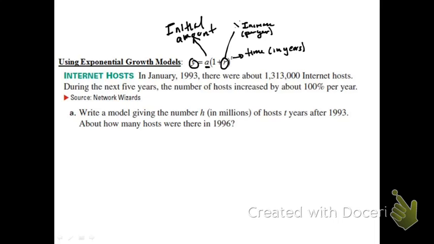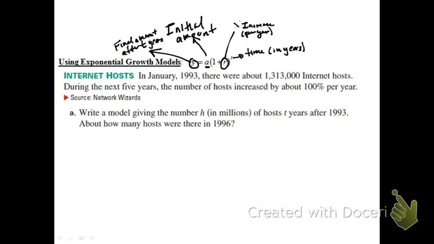And really the output here, y, is just the amount you have of that object or whatever is increasing after t years go by. So y is your final amount after t years go by. Alright, so let's apply that model to the following problem.